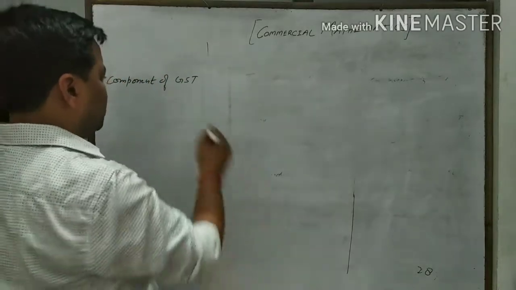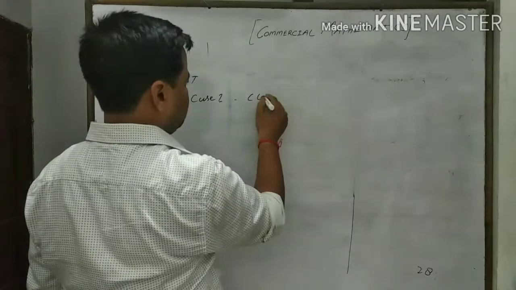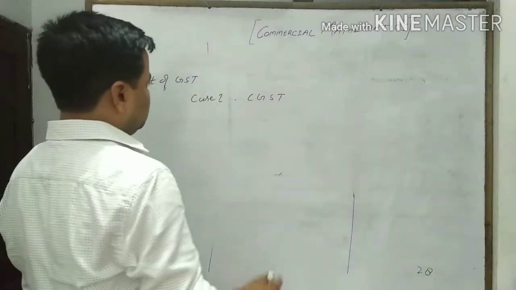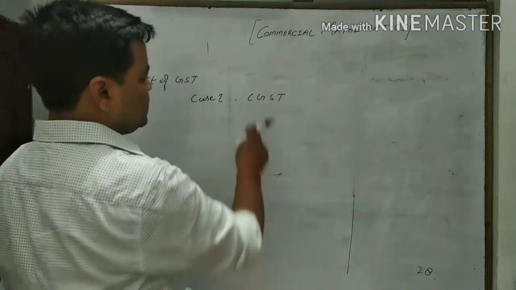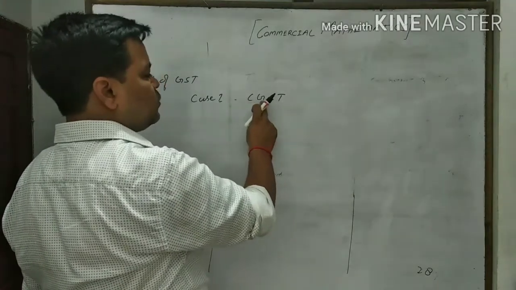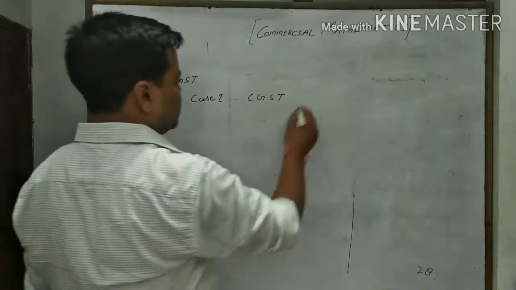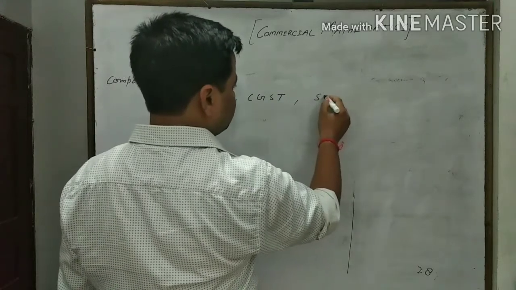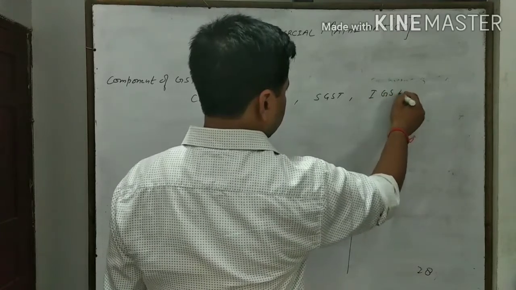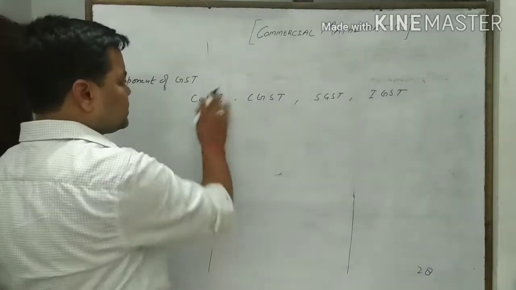First of all, we will discuss CGST, that is called Central Goods and Services Tax, and after that State Goods and Services Tax, and after that Integrated Goods and Services Tax. Actually, there are two types of case.